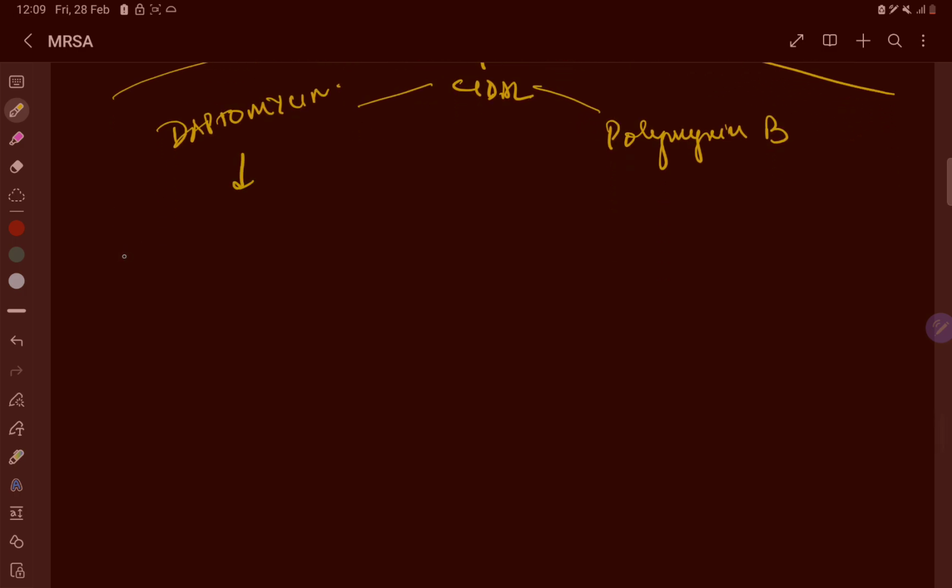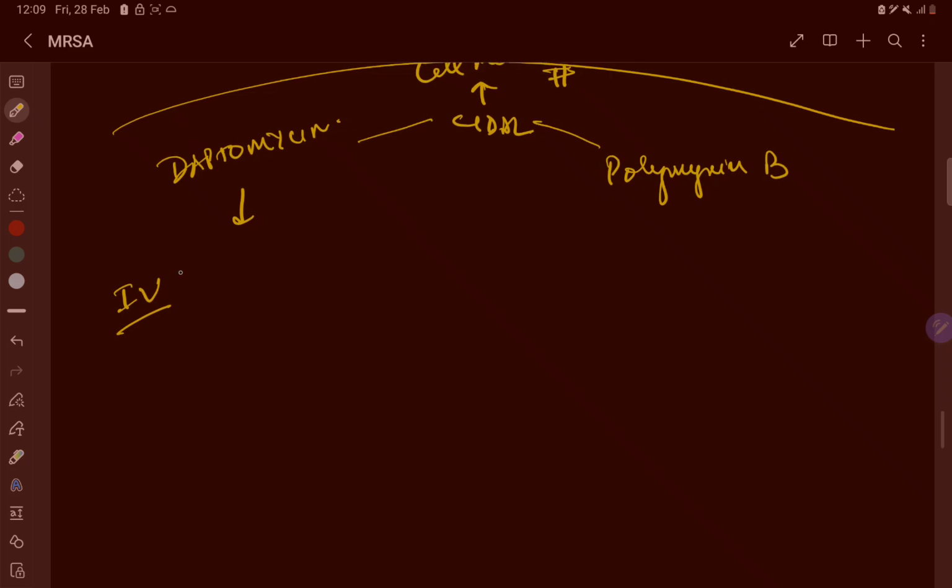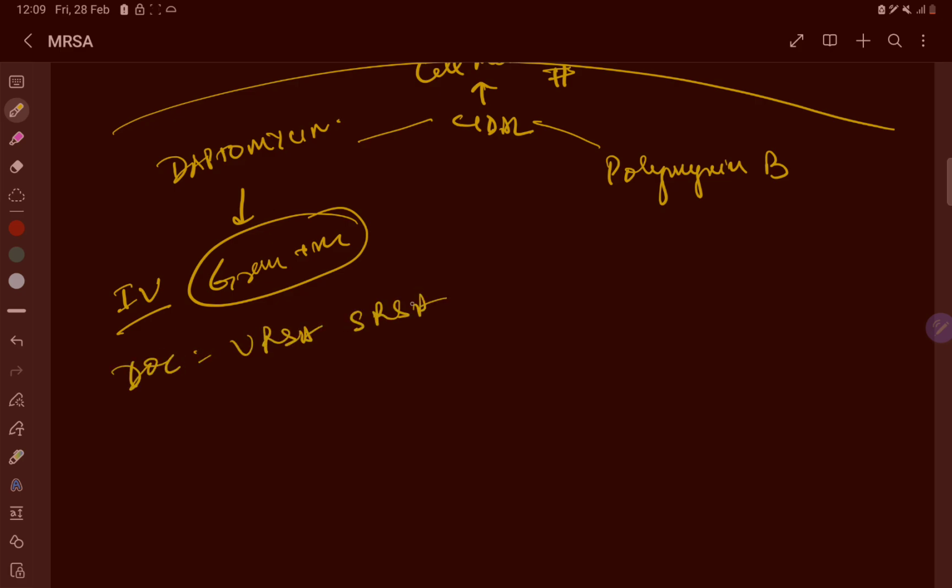This daptomycin is a very standard drug. It's used IV, given for gram positive bacteria. Okay, and it's a drug of choice for VRSA, MRSA, LRSA. Okay, for all the faecalis.